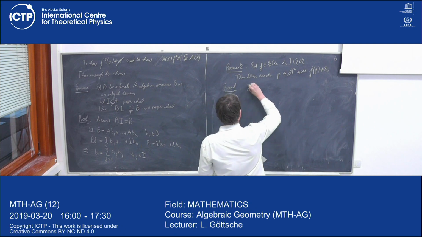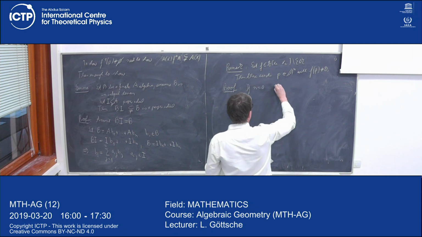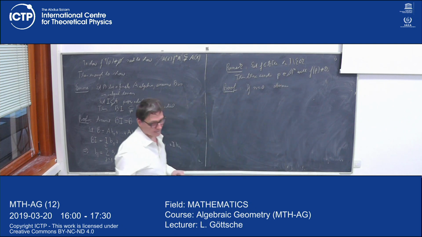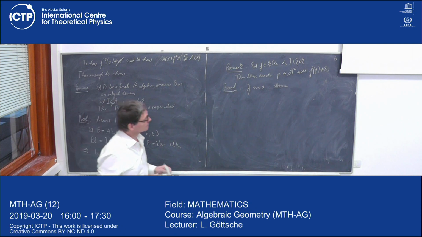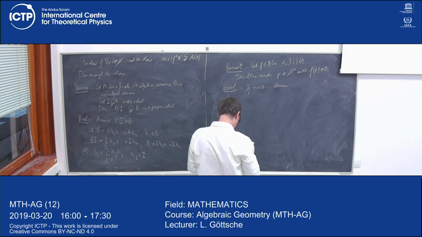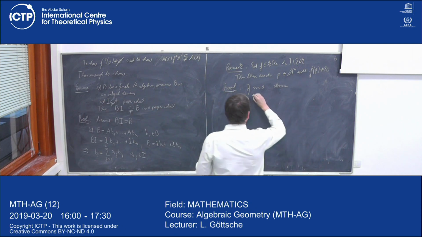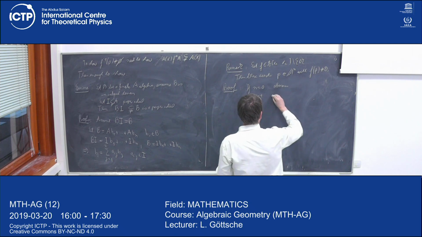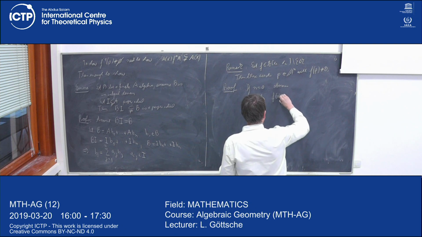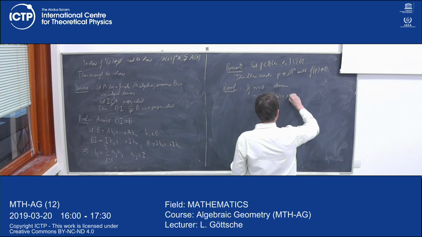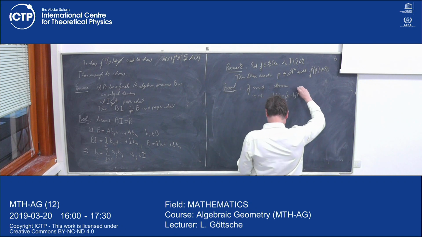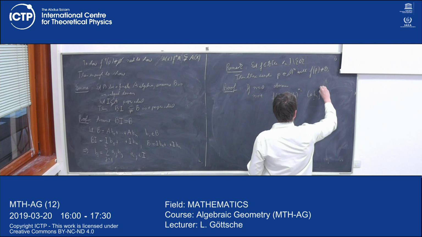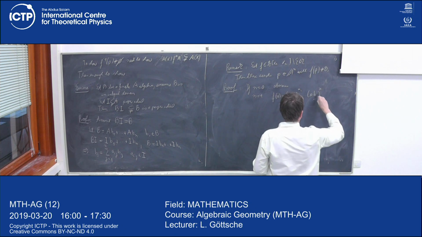So what? If n is equal to 0, this is obvious, because the function is either a non-zero constant or it's 0. If n is equal to 1, then we can write f of x equal to x minus e1 to the n1 times ... x minus er to the nr.